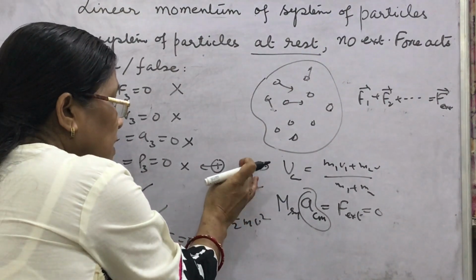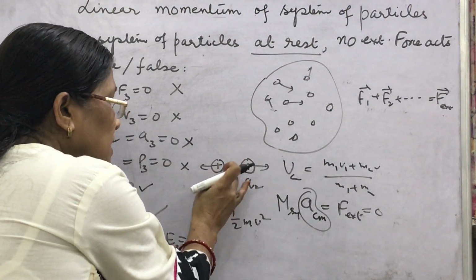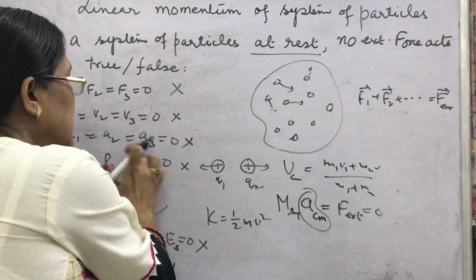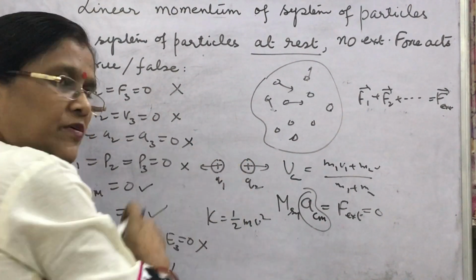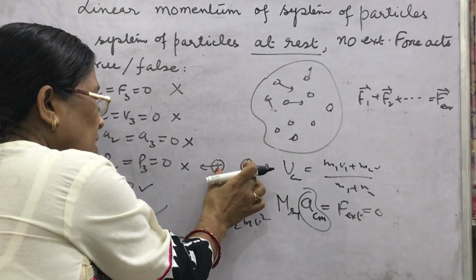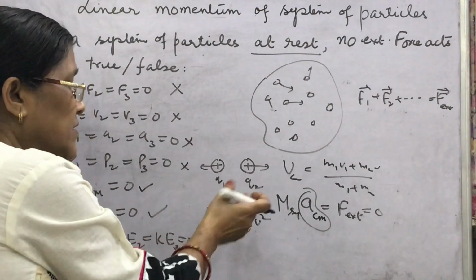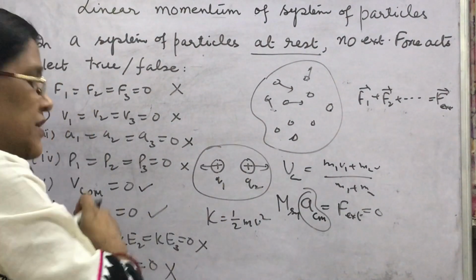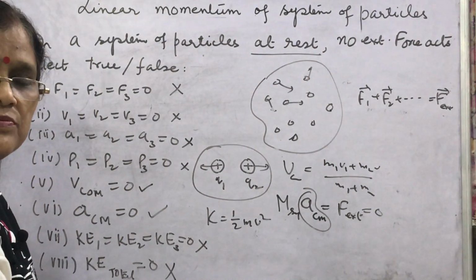They are repelled by each other, so they experience forces, and then they have accelerations. So acceleration 0, velocity 0 is not true, and you can confirm this from this example. What about the kinetic energy? Even though no external force is acting, how can you say that the total kinetic energy is 0?